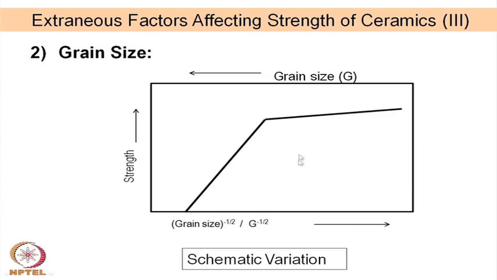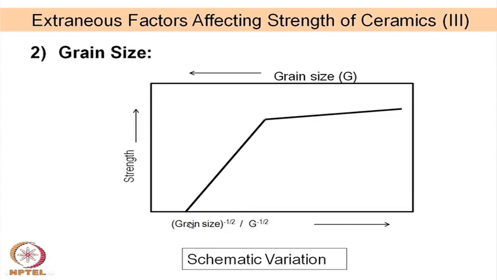Here is another parameter, grain size. Most of the ceramics are polycrystalline in nature, and grain size is certainly one of the parameters which controls the strength of ceramic materials. In general, this is the kind of behavior.